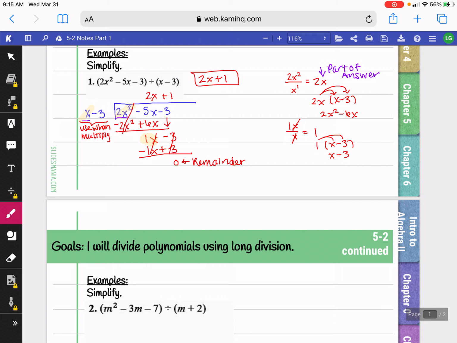Whatever you get when you multiply, you write under the long division and change signs to subtract. After you do that, you're just repeating the steps with your new first term.